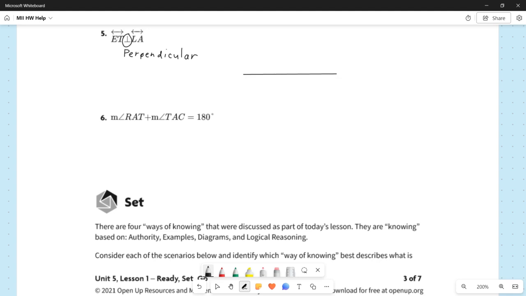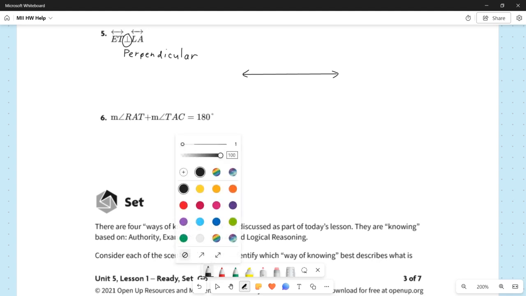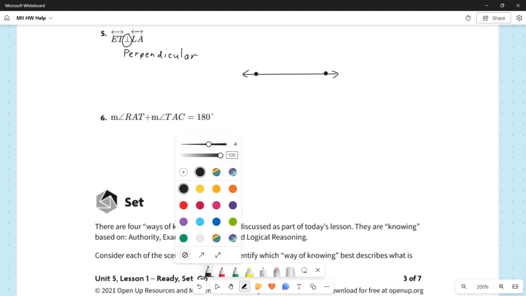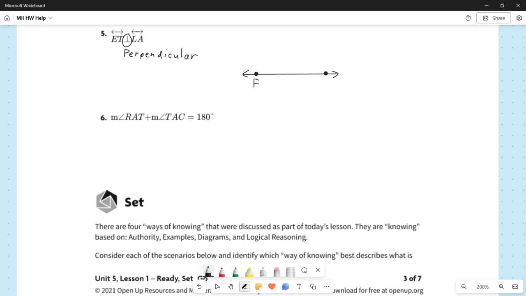And it's a line, so I do technically need these arrows here. This line has 2 points on it. We'll say there and there. And those 2 points are E and T. So that is line ET.